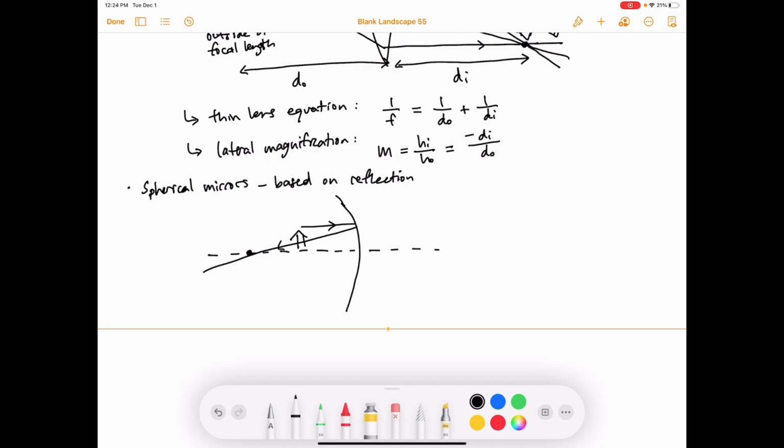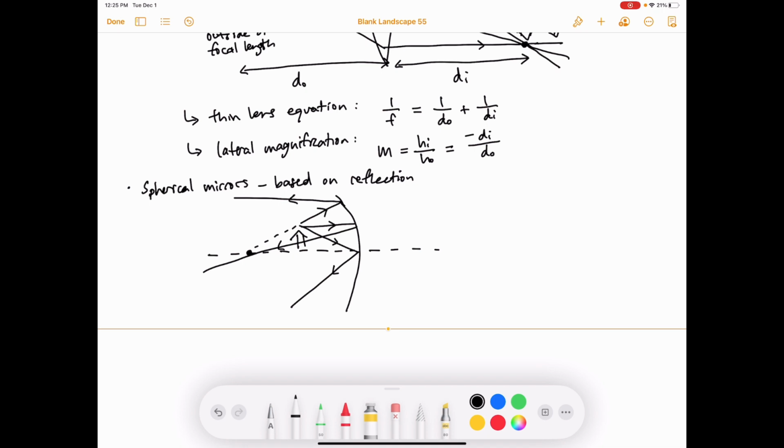The next one starts going through the focus on this side, or at least it follows a line that would go through the focus like this, hits the mirror, and then goes out parallel to the axis like that. And then finally, we have a ray that hits the center of the mirror, and we just remember that the angle of incidence equals the angle of reflection, so the optical axis will now just serve as our normal line.